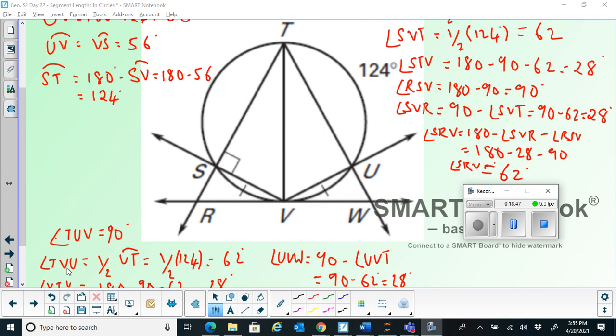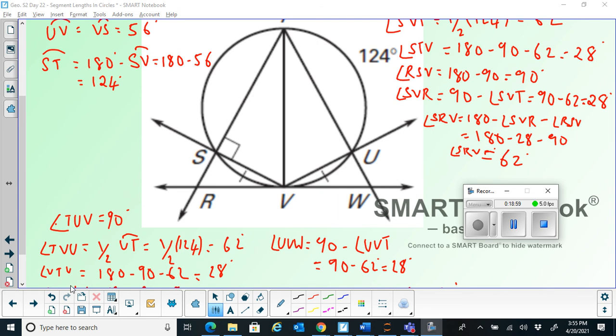I can same way calculate TVU. TVU corresponds to arc 124 degrees. Half of 124 is 62. So 62 is your angle TVU. And then we have VTU. VTU equals 180 minus 90 minus 62, which is 28 degrees. Because we had this as 90 degrees and this as 62 degrees, so I could find VTU as 28 degrees.